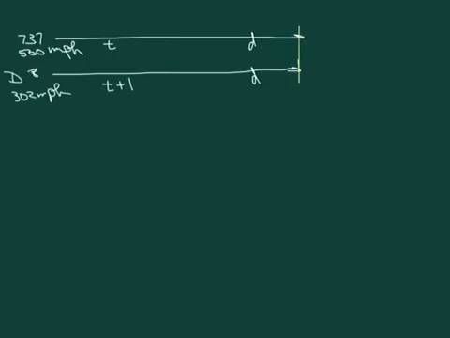So our d's are the same. So our d, distance of the 737, is equal to the distance of the Dash 8. Okay, well, if that's the case, and we know that d equals rt, then we can say that the rt of this plane equals the rt of this plane, right?